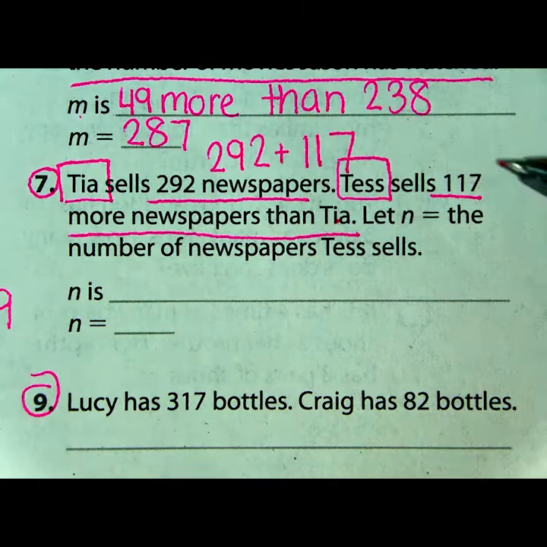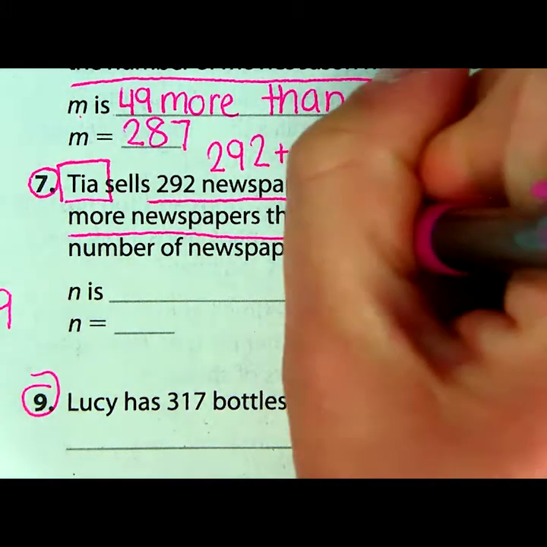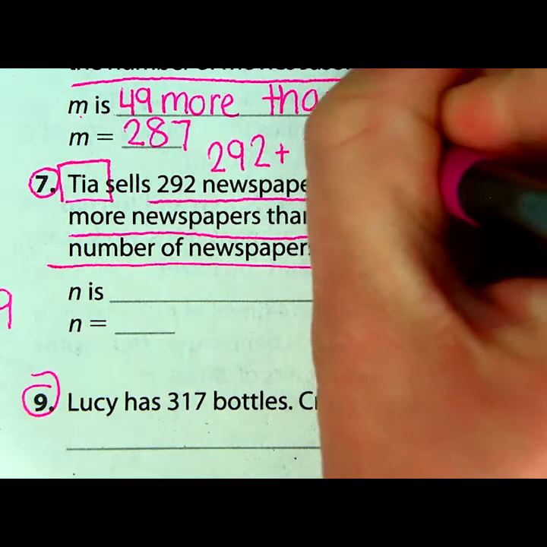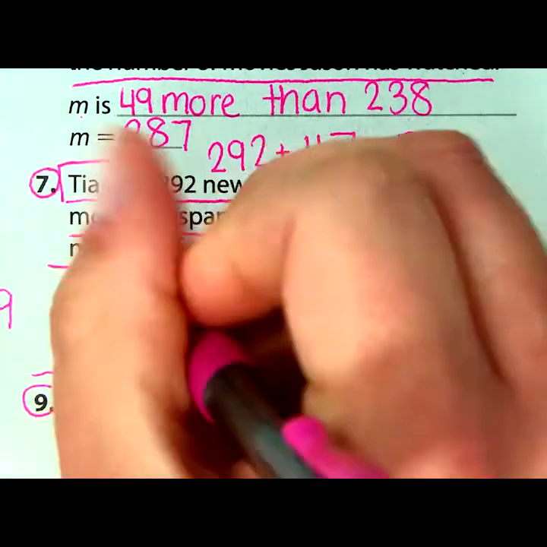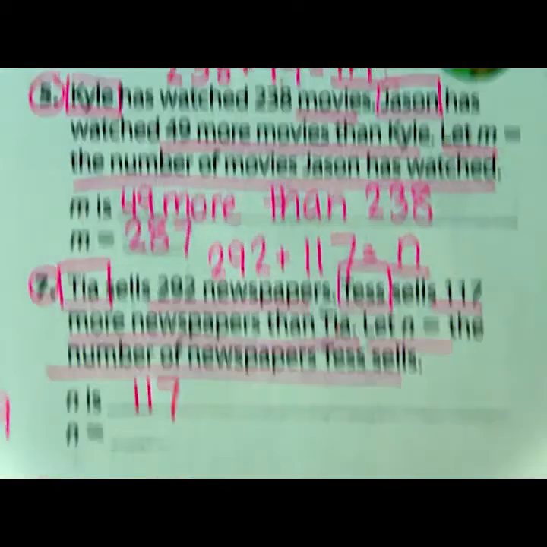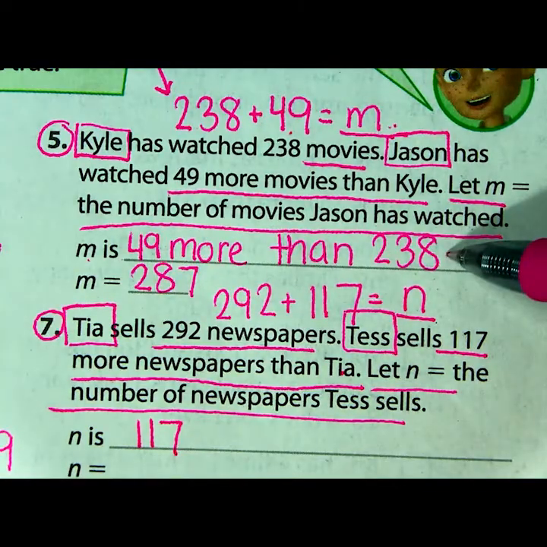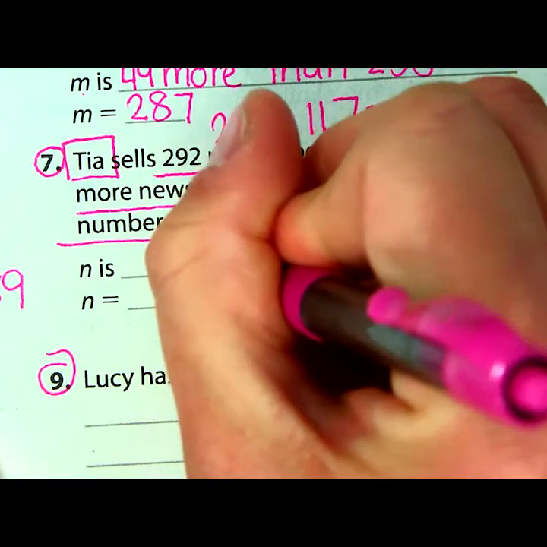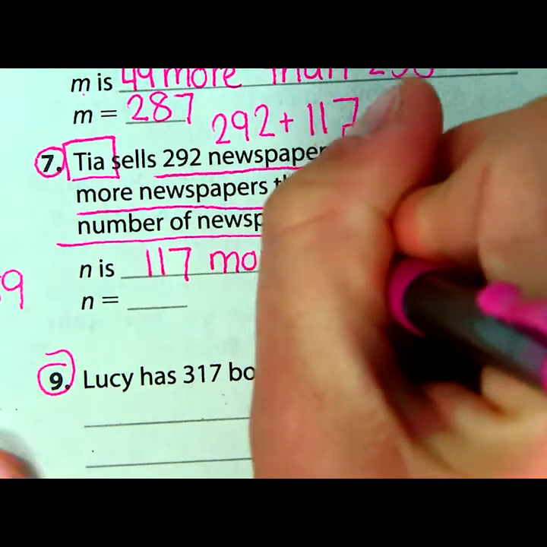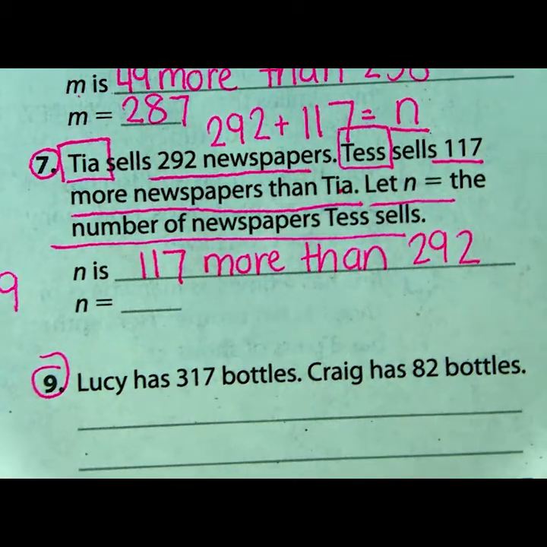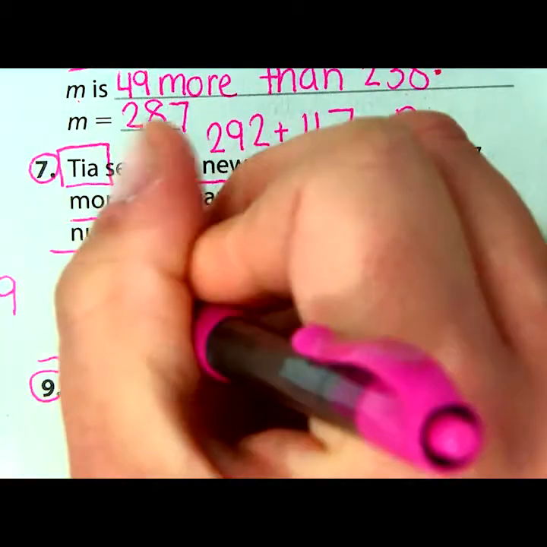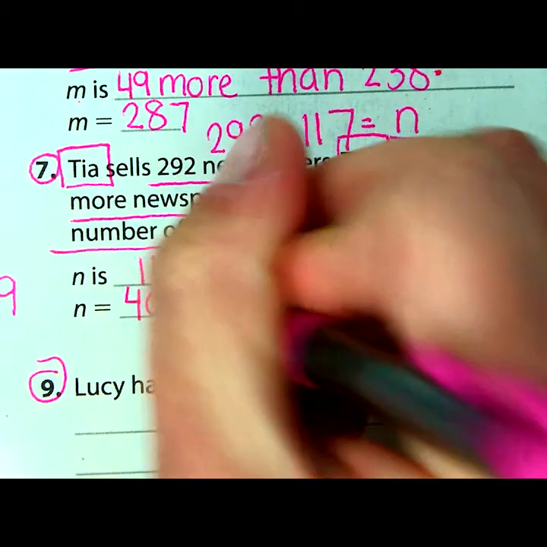So now we need to let n represent the number of papers that Tess sold, so equal to n. So then if we're going to write this in words, n equals 117, kind of reminds me of this one right here, more than 292. When you do that addition, you would find that Tess sold a total of 409 newspapers. Good job, Tess. You beat Tia.